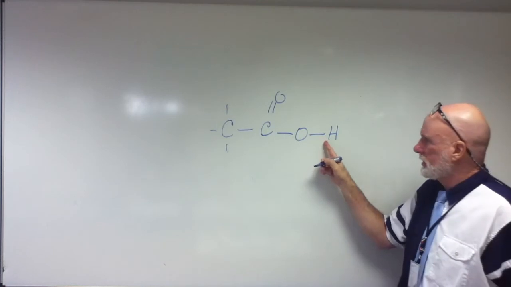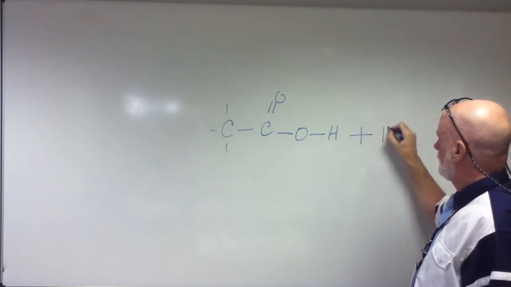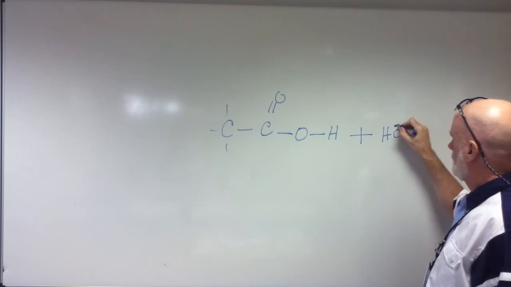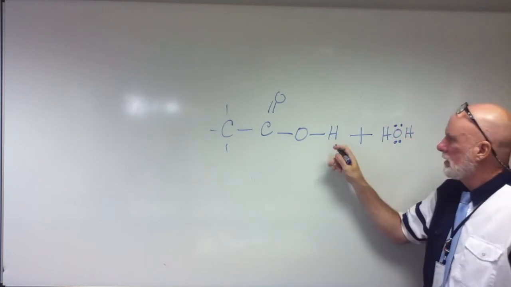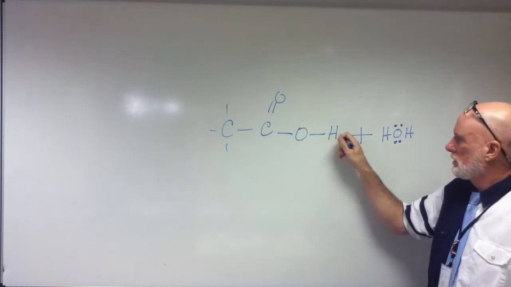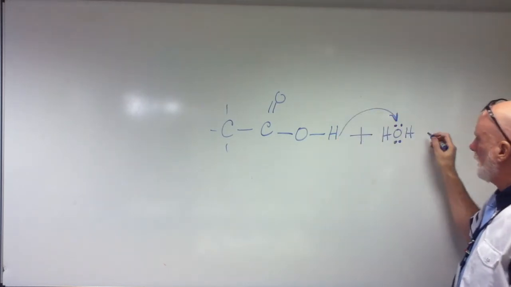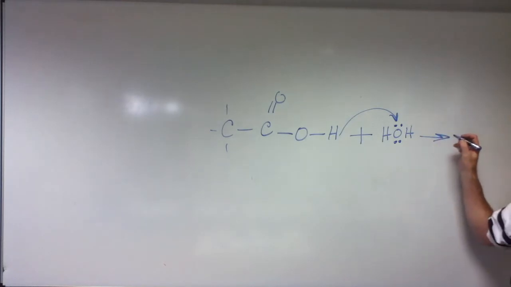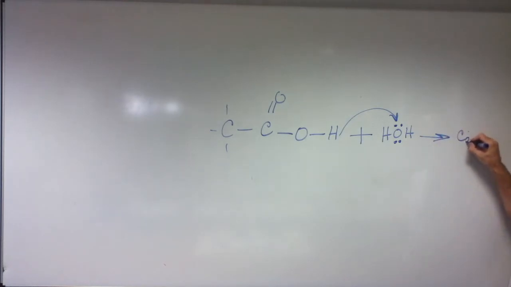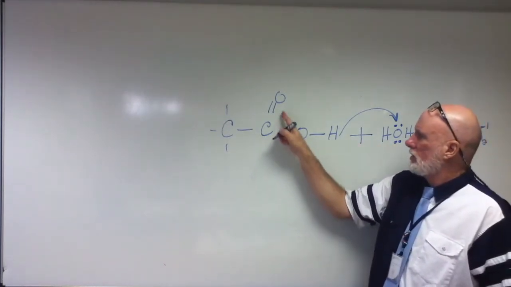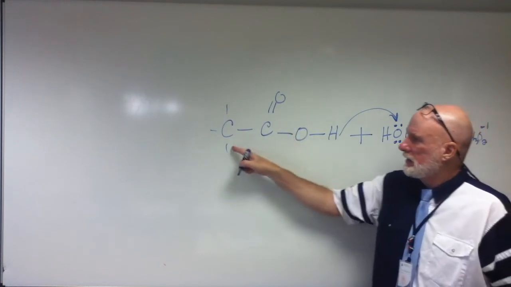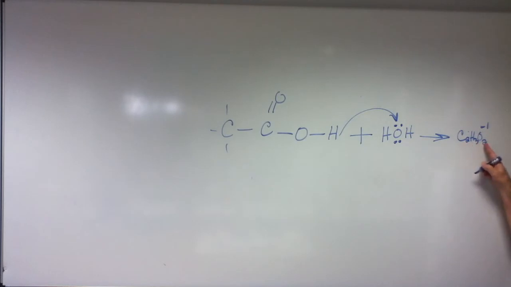When this goes into solution, this proton goes over here and forms C2H3O2 with a -1 charge, plus the hydronium ion.